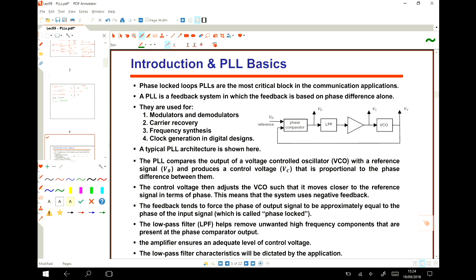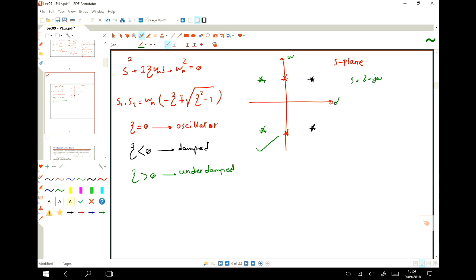So you generate a signal in a satellite. Assume that we have a satellite here, and this satellite generates a signal V equals A cosine omega t plus phi.